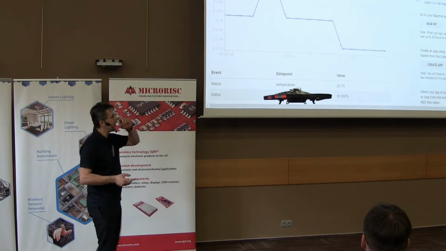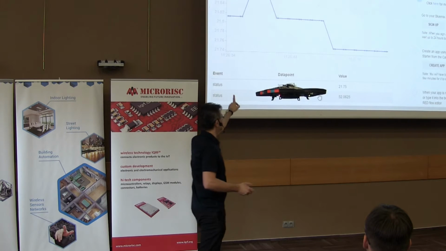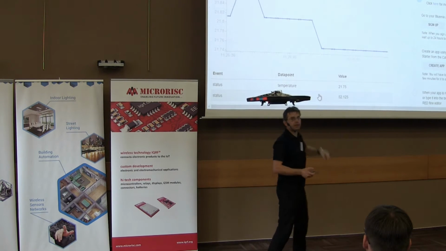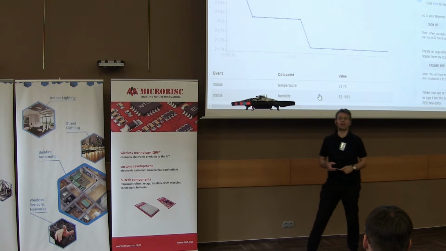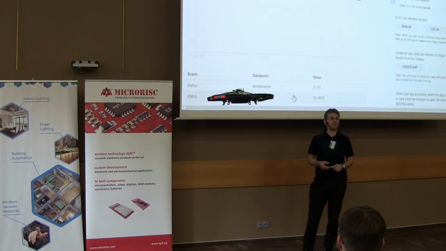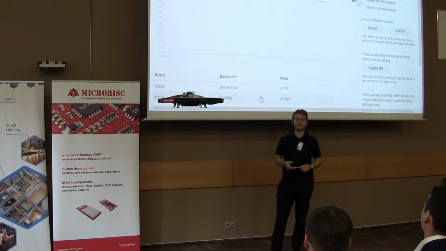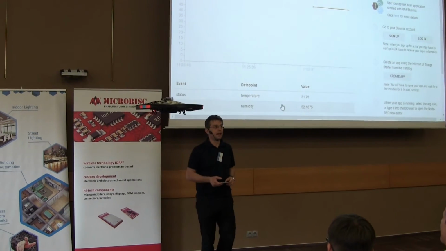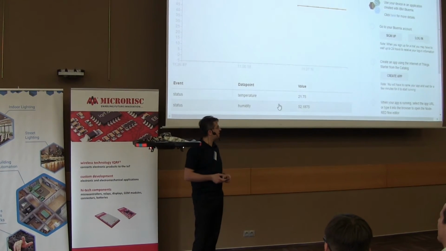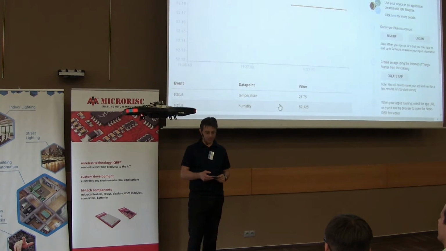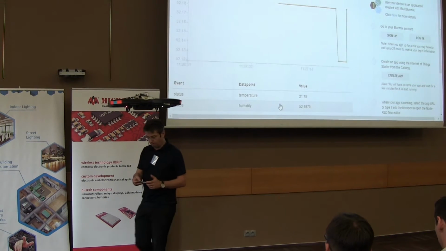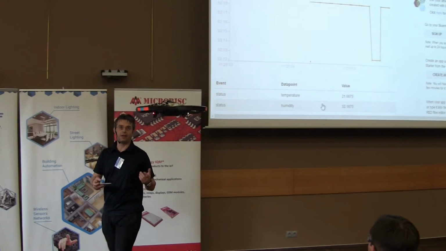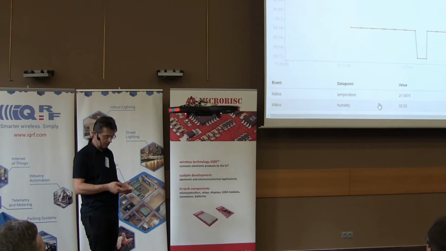So you see that the data are transmitted, and they are visible on the fly in this graph. As I said, this is not really rocket science, but it's a way we can transmit dynamic data to the cloud environment and use it later for any kind of analysis and so on.